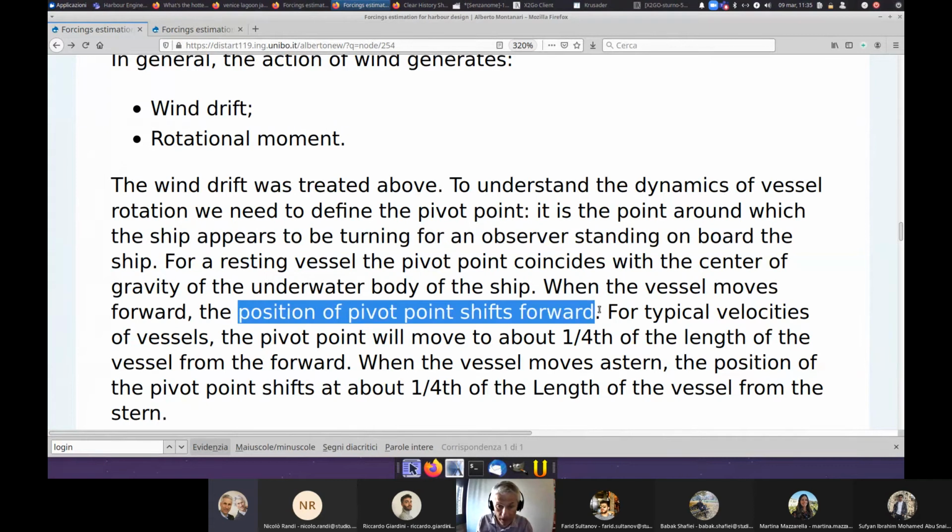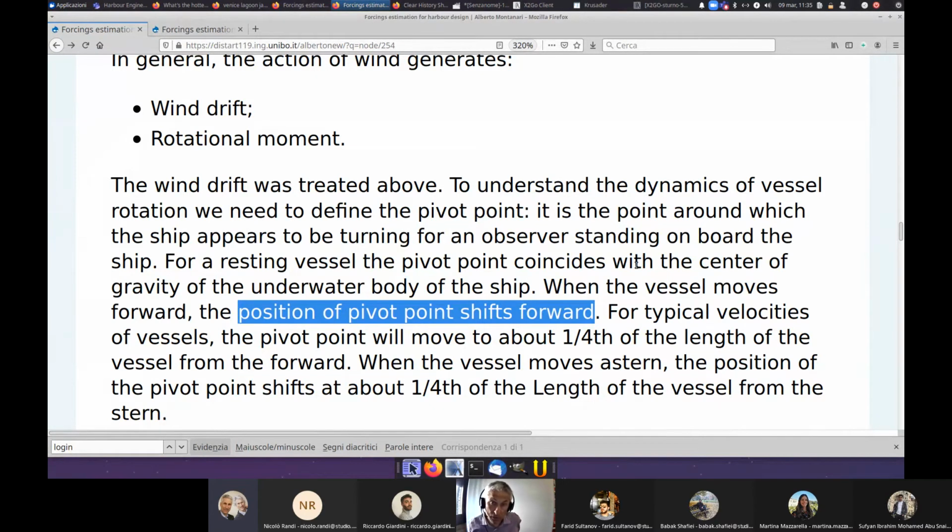For typical velocities of vessels that we may experience in the ordinary use of the ship, the pivot point moves forward about 1/4 of the length of the vessel from the forward. And when the vessel moves back astern, the position of the pivot point shifts in the other direction, so 1/4 of the length from the stern.